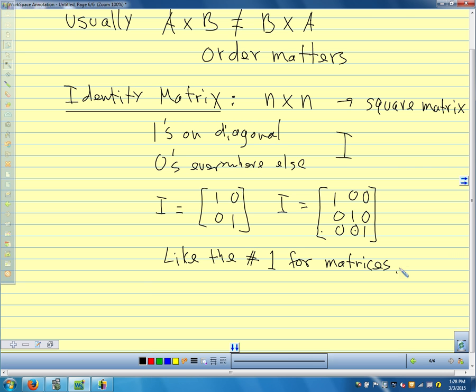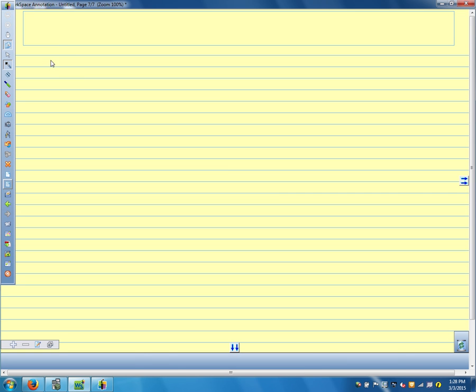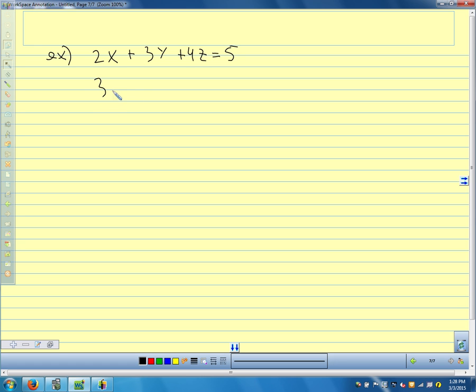So before we look at the calculator, I want to preview where we're going with this stuff. So we learned about matrix multiplication. What we're going to do is turn a system of equations into a matrix equation. So let's say I have the system of equations. I'm just writing down the system.